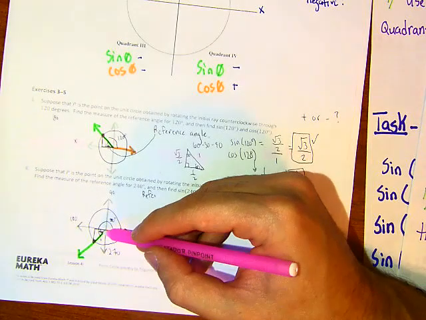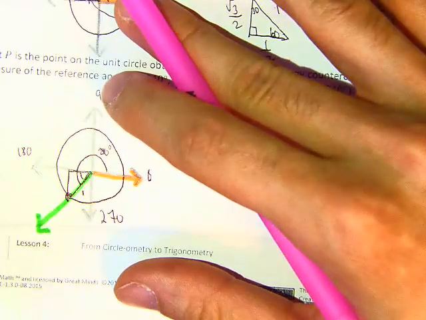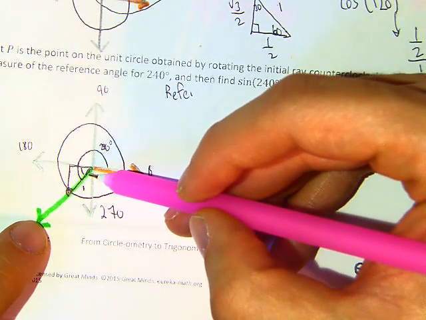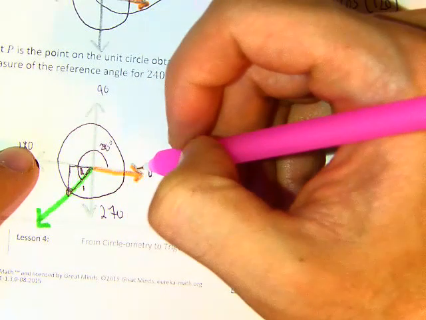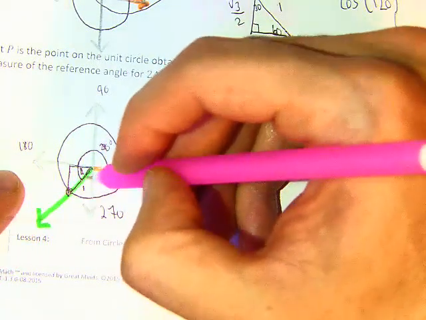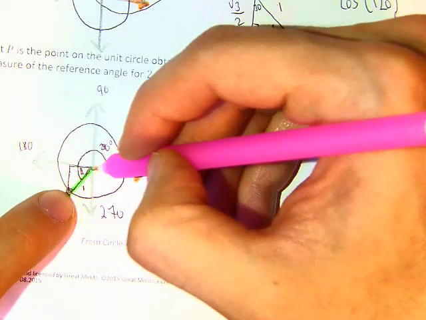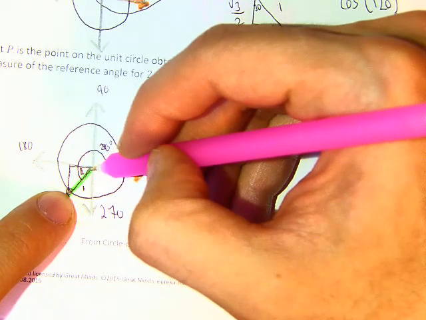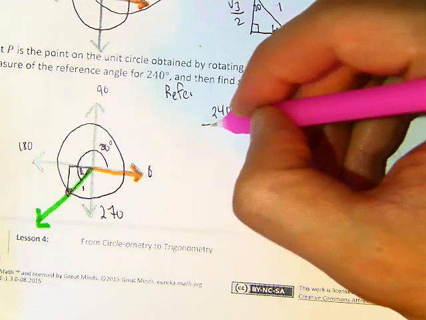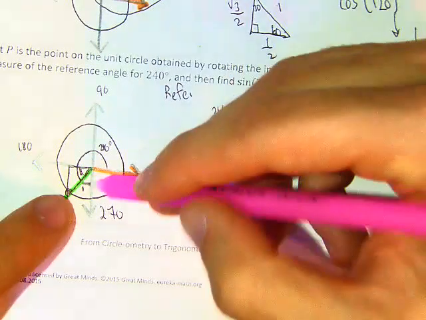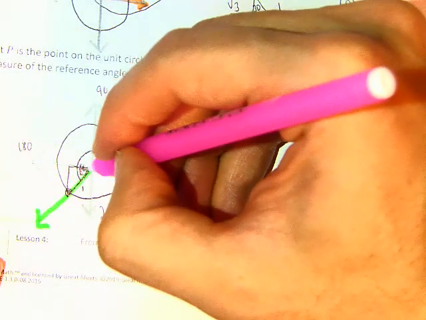It's this angle over here. It's the angle between the terminal ray and x-axis, which is this angle here. So if you know that this is a 240 degree rotation from here to here, what is this angle here? It has to be 240 minus the 180. This angle here has to be 60.